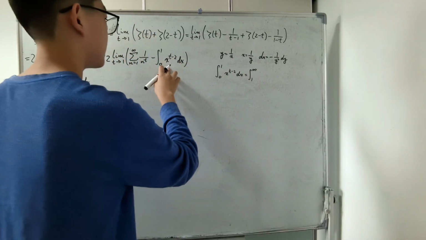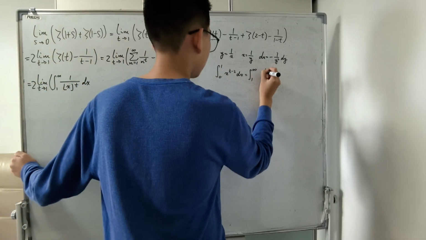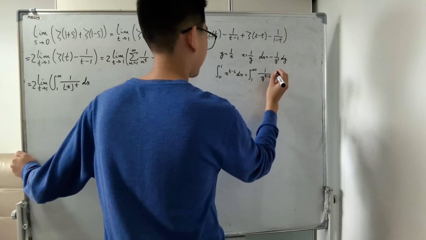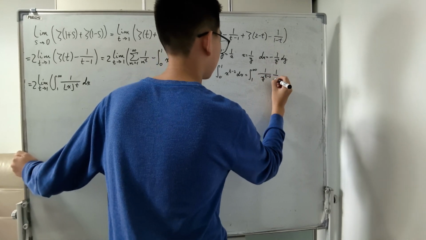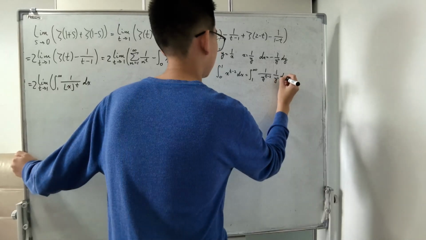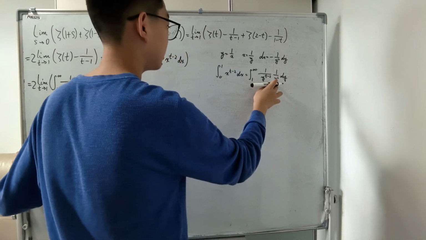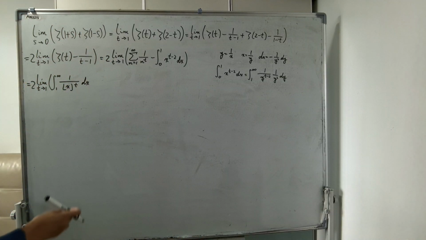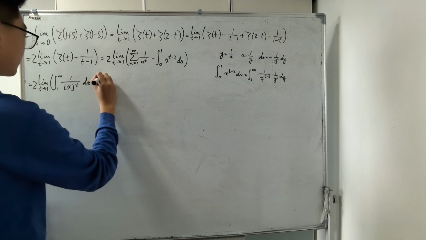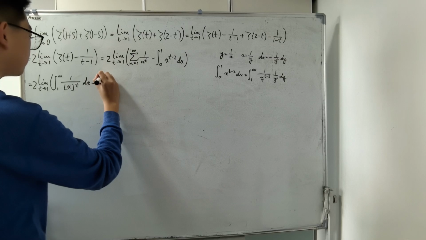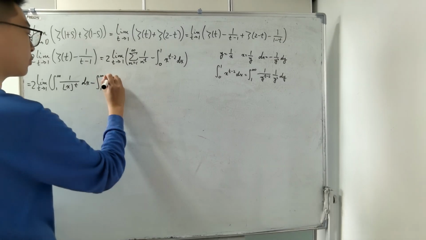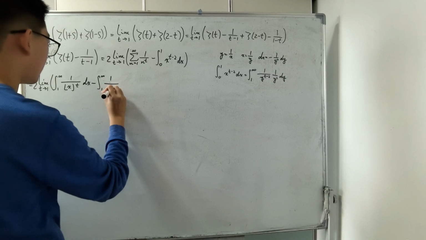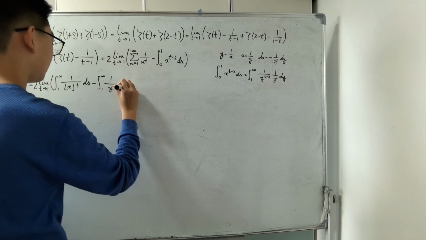And then this is 1 over y to the t minus 2, but then we have this 1 over y squared, so we can combine those. The y squared will cancel. We just get minus the integral from 1 up to infinity of 1 over y to the t dy.